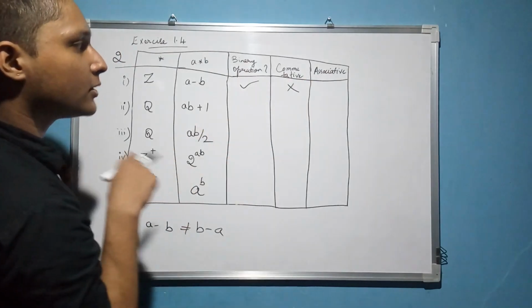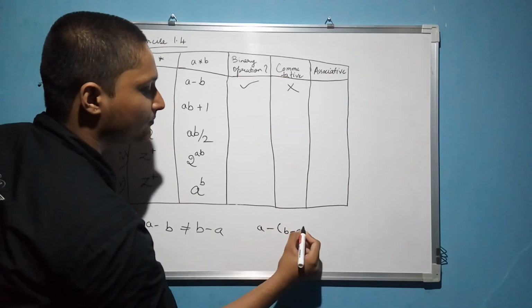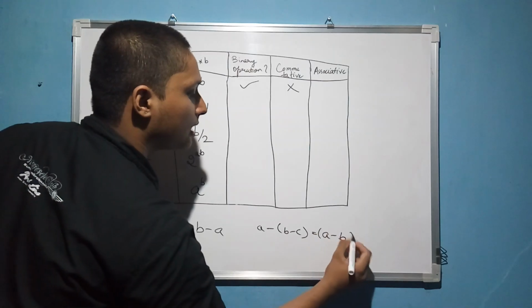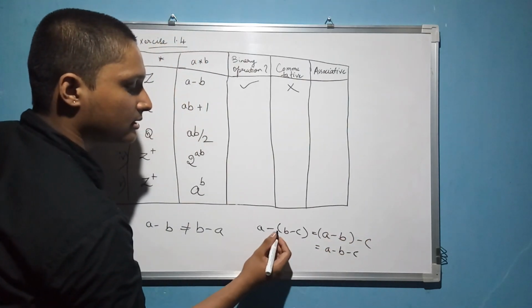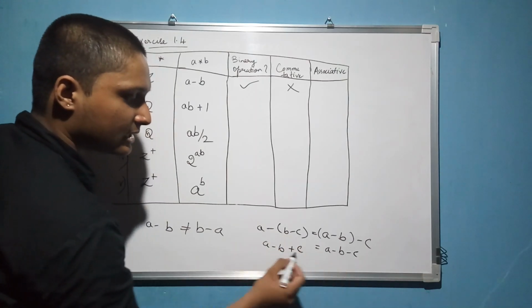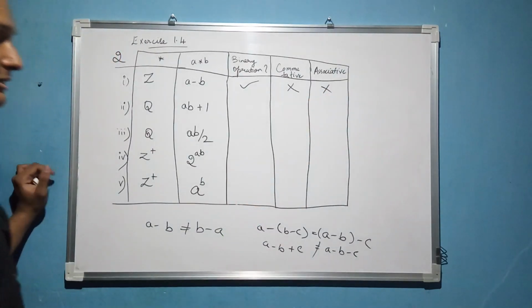Now for the associative property, A minus (B minus C) should be equal to (A minus B) minus C. When I take the minus inside, this becomes A minus B plus C. You can just see that they are not equal, so it is not associative.